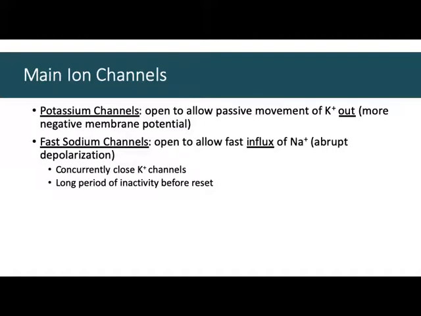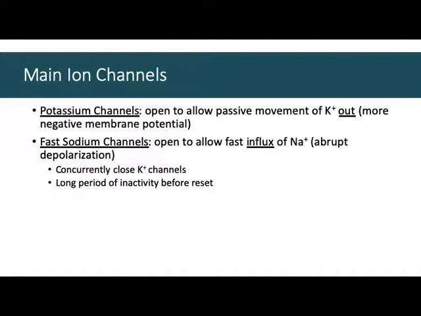One type of channel that results in the characteristic shape of depolarization are the fast sodium channels. These open really quickly, allow massive amounts of sodium to move through. How does sodium want to move? There's tons of it outside. So it wants to move into the cell down its concentration gradient.